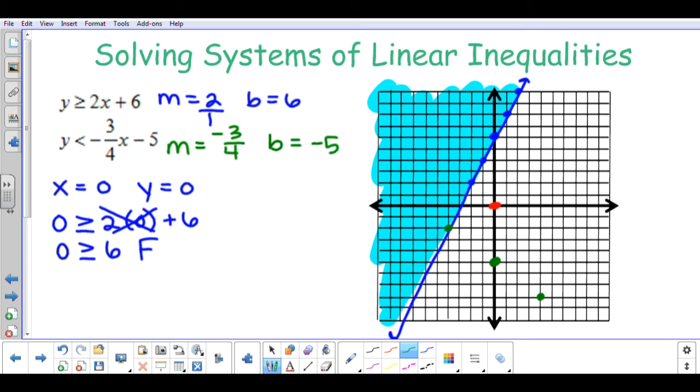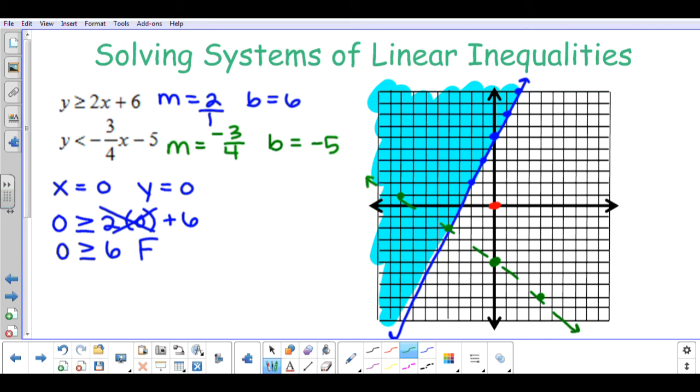Now these two lines do not have to intersect at a perfect point. You can see here that they definitely are not going to. It's the shading that we are most worried about. With this line, I need to have a dashed line since it's less than. 0, 0 will work again for my shading.